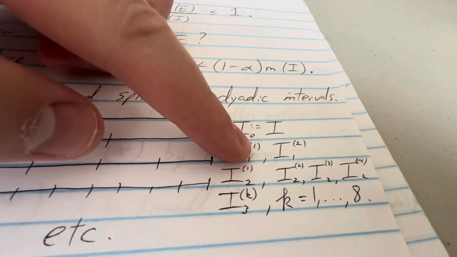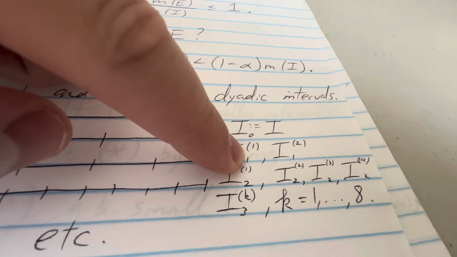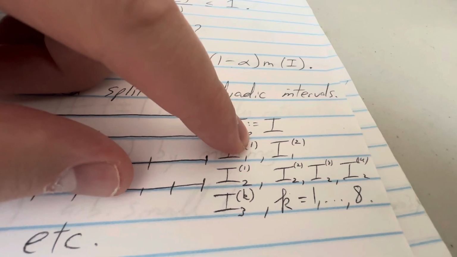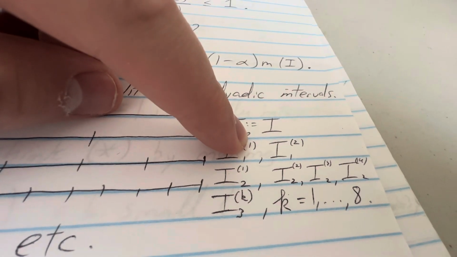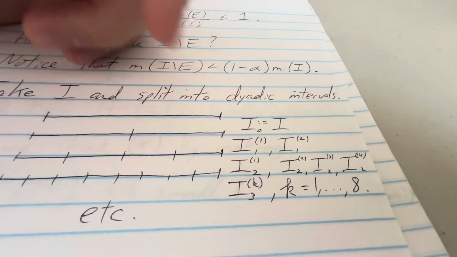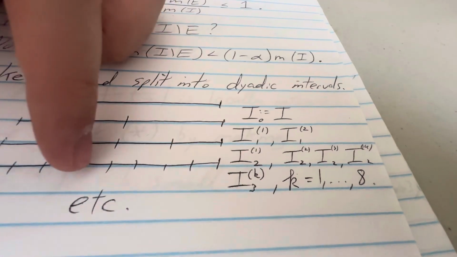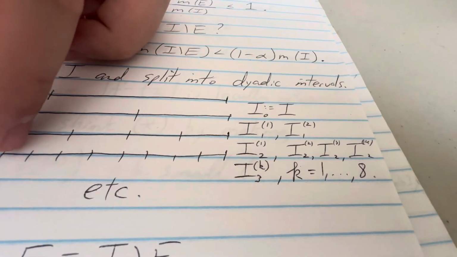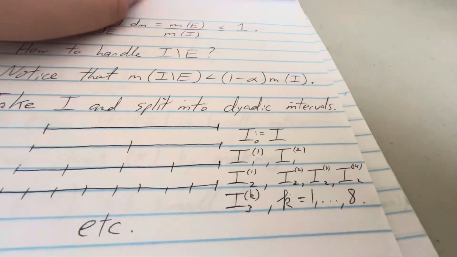The subscript tells us the stage of refinement that we find ourselves on, and the superscript represents the index of the subinterval. It tells us which subinterval we're talking about, and we read from left to right. So this is the first one, this is the second one. If you refine again, we'll call these the first, second, third, fourth. And if we refine again, then we have 1 through 8. So that's how I label the intervals.